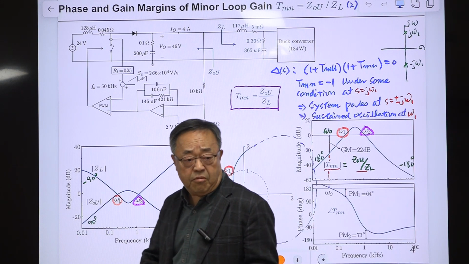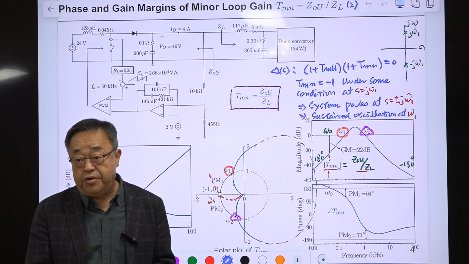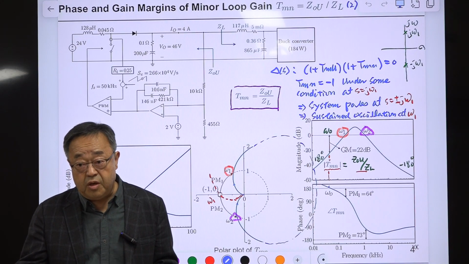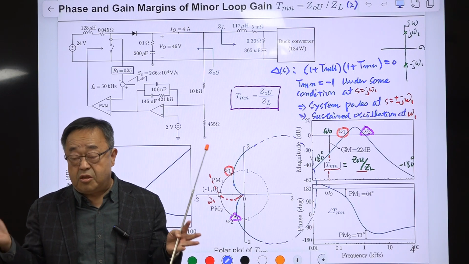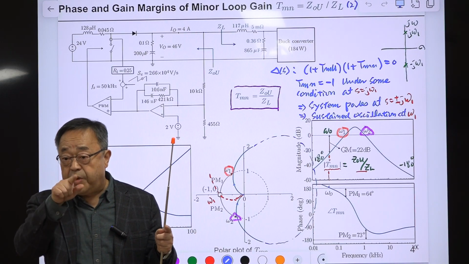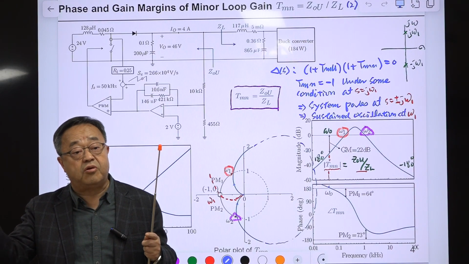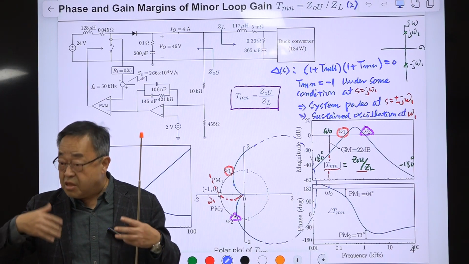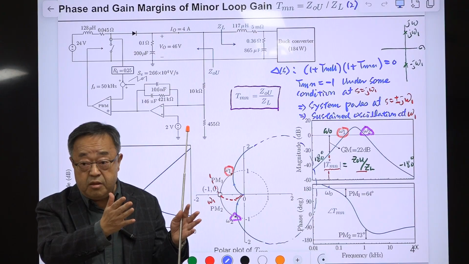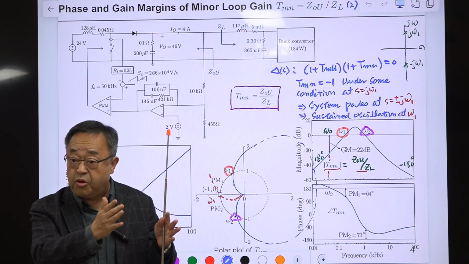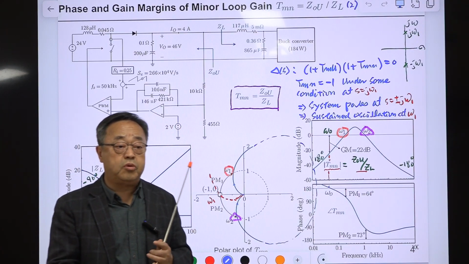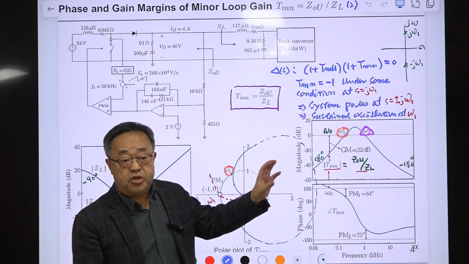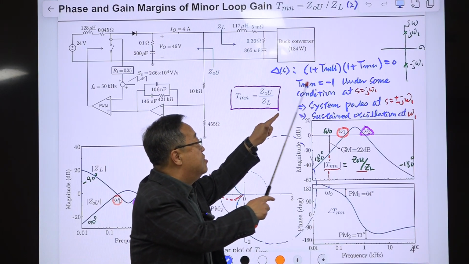So this is a somewhat strange, unusual situation. Usually for a system, 1 plus loop gain equals 0 is the characteristic equation. We start out with that expression using the expression of the loop gain of the load coupled converter, and that equation is modified in this manner.